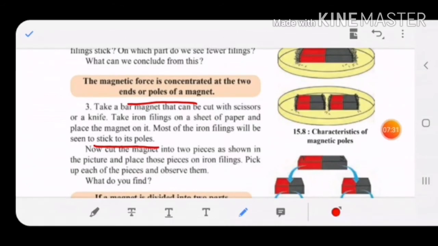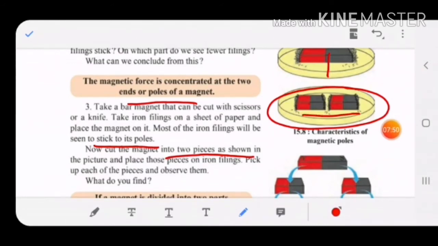From that we saw that the magnetic power is at its poles. Now cut the magnet into two pieces with the help of scissors or a knife, as shown in the second picture, and place the two pieces on a plate filled with iron filings. Pick up each of them and observe.